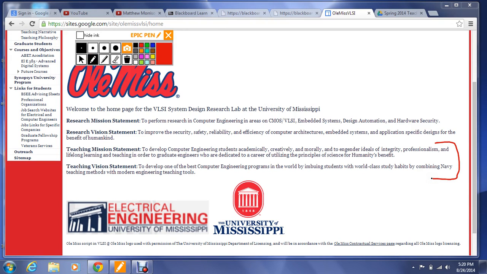My teaching mission statement is to develop computer engineering students academically, creatively, and morally, and to engender ideals of integrity, professionalism, and lifelong learning and teaching in order to graduate engineers who are dedicated to a career of utilizing principles and science for humanity's benefit. And my vision statement is to develop one of the best computer engineering programs in the world by imbuing students with world-class study habits by combining Navy teaching methods, which is the TGOs, with modern engineering tools.